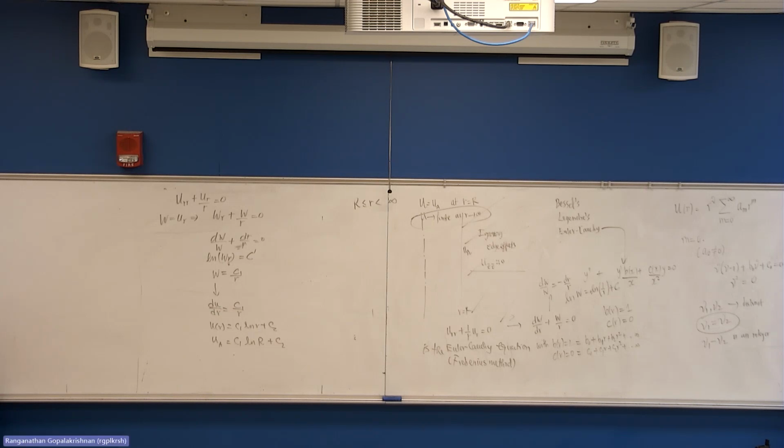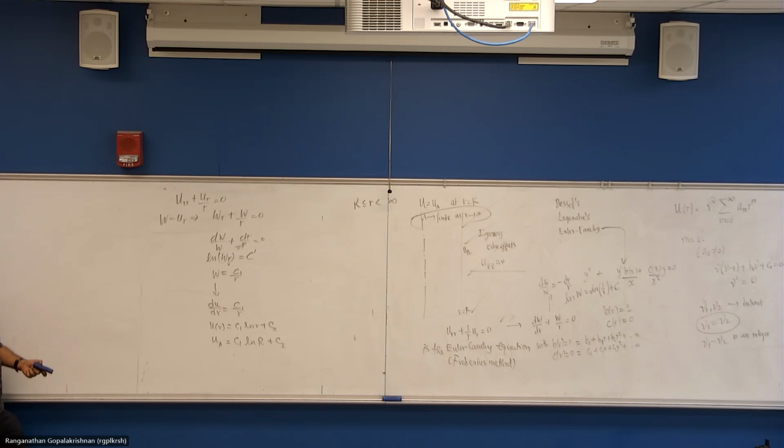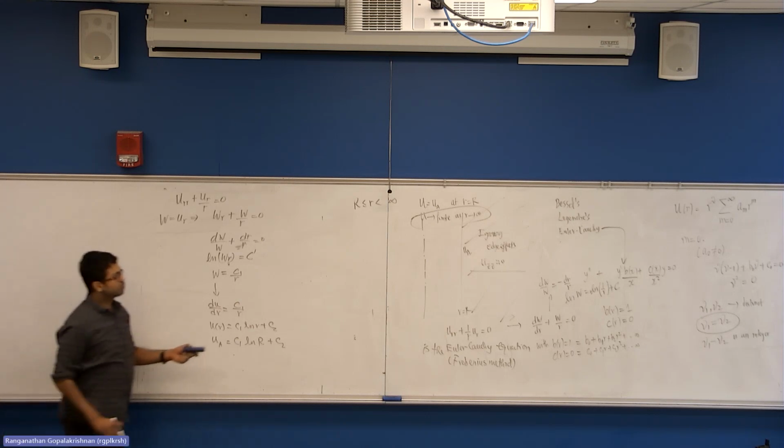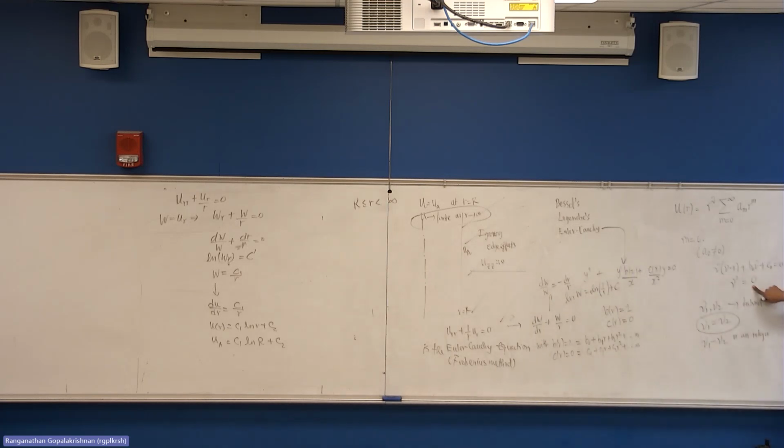So then you get a trivial solution. So this approach is giving us the trivial solution, which is physically useless. So that's why we want to use the other approach. You're going to get one solution, which is just this series. And then how would you construct the other solution?